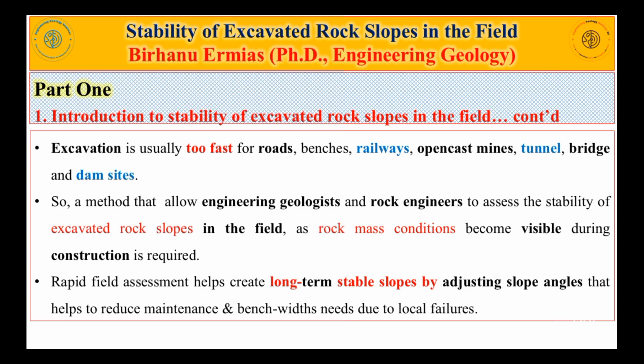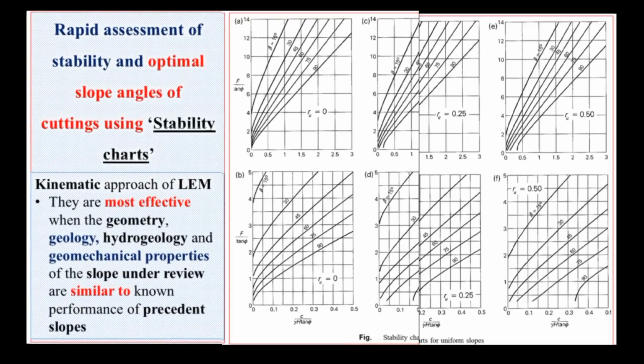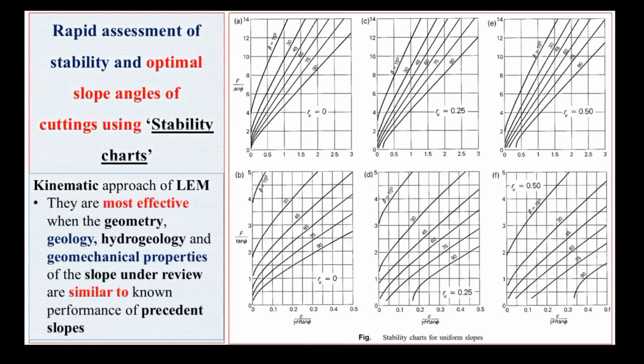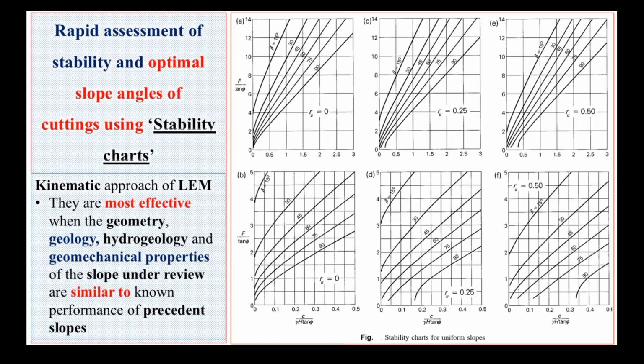There are some methods. Rapid assessment of stability and optimal slope angles of cuttings can be carried out using stability charts like this. So stability charts like this are conventionally or commonly used to provide optimal slope angles in the cuttings during the excavation on site.